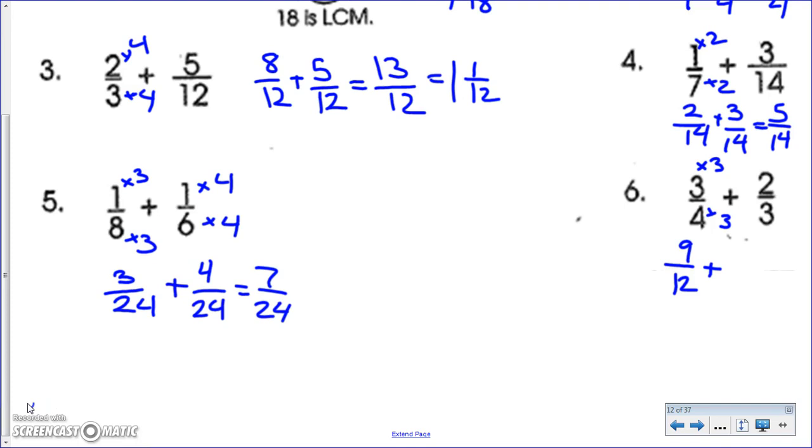And we're going to multiply 2/3 by 4, which gets us 8/12. So we're going to add 9/12 plus 8/12 equals 17/12. And that, when simplified to a mixed number, becomes 1 5/12, which cannot be simplified.